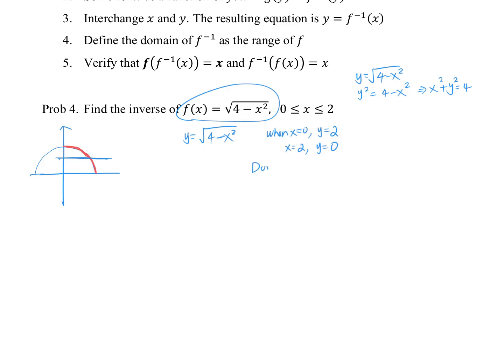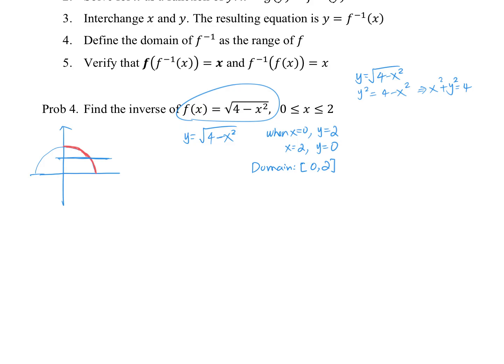So the range is 0 to 2, including both values. The reason we know the range is 0 to 2 is not because of the boundary points corresponding to 2 and 0. It's strictly decreasing. So therefore we know this is the max, this is the min, so all the values in between are in the range. So again, because it's monotonic, the range is from 0 to 2.